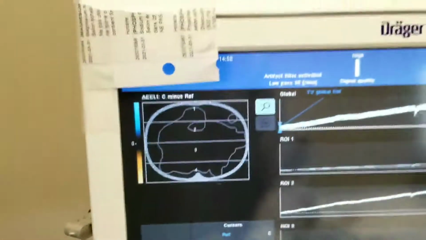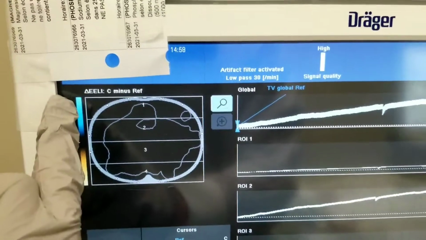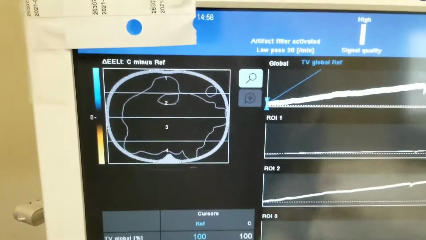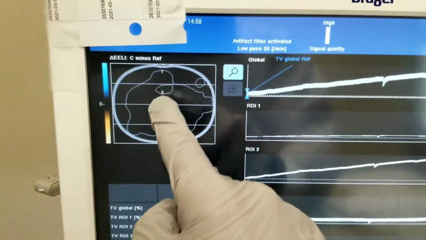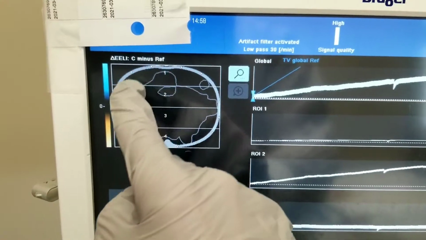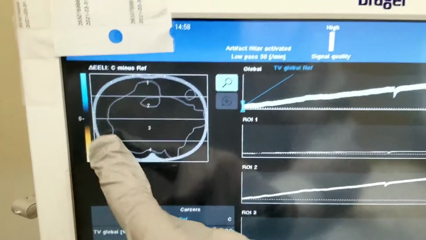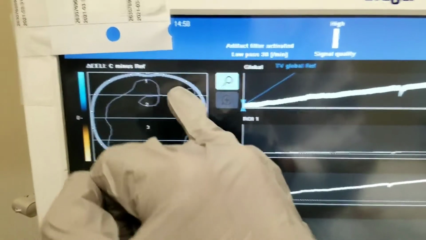Over here you see orange, and over here you see blue. Blue is gain, orange is loss. Orange does not necessarily mean that it is bad. If we are making changes and getting orange here, a loss in your ventral areas, and it's being redistributed and showing up as blue over here, this orange wouldn't be bad.